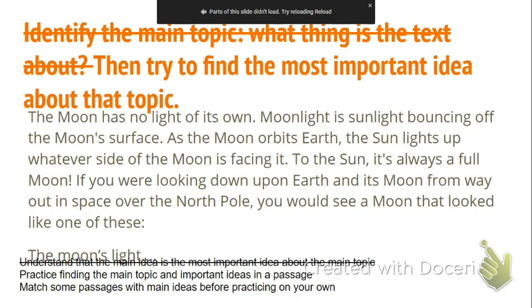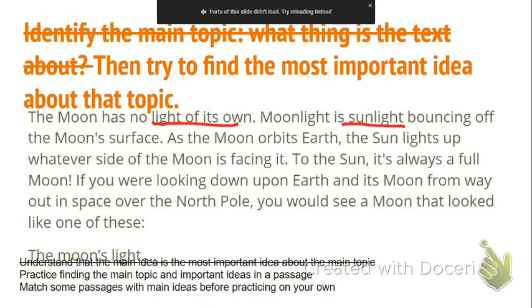The most important idea is what the moonlight is doing, or where the moon's light is coming from. We need to know the moon doesn't have light of its own. We can write that in the main idea. The moon's light doesn't come from the moon, but is rather from the sun. So you could write that as your main idea. The moon's light comes from the sun, not the moon.